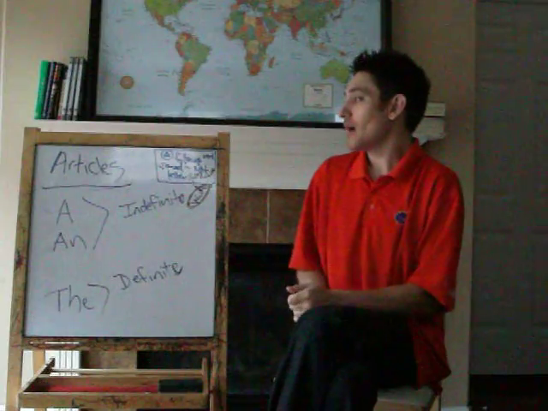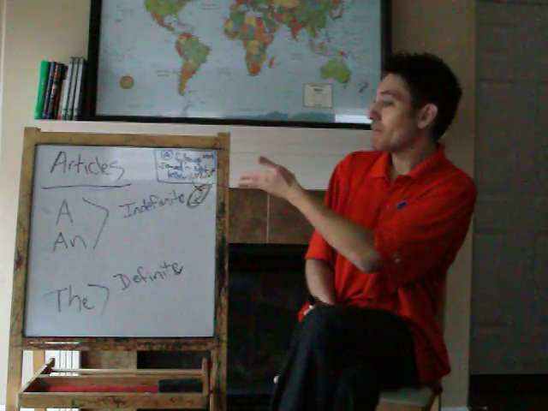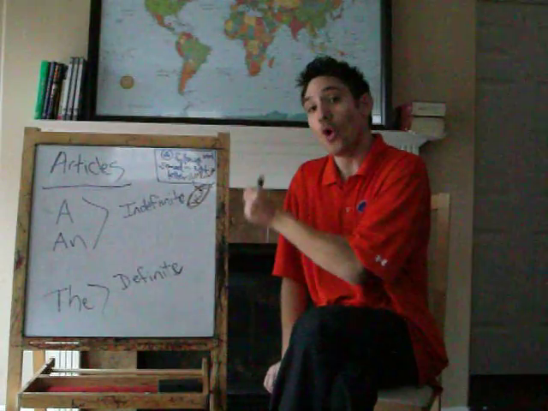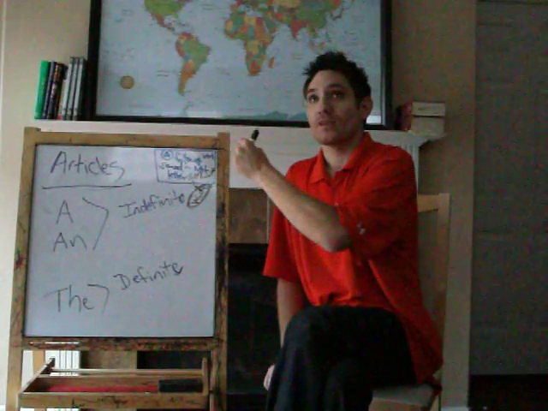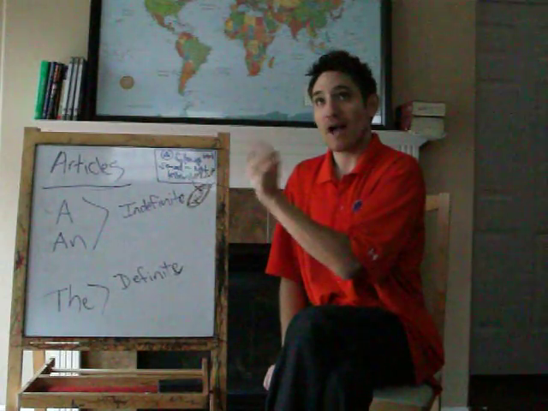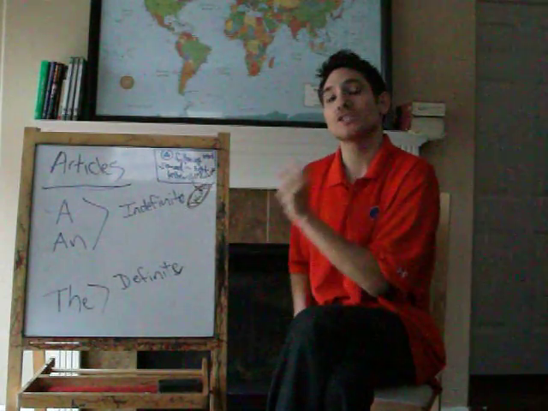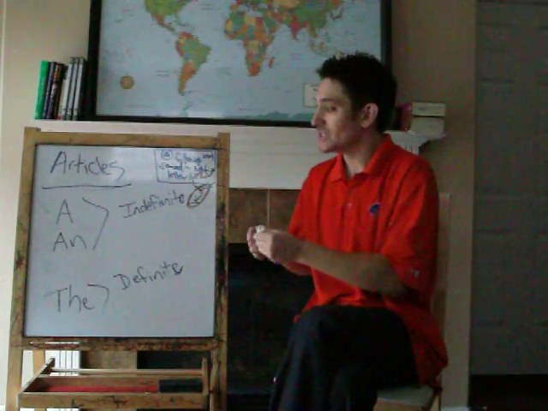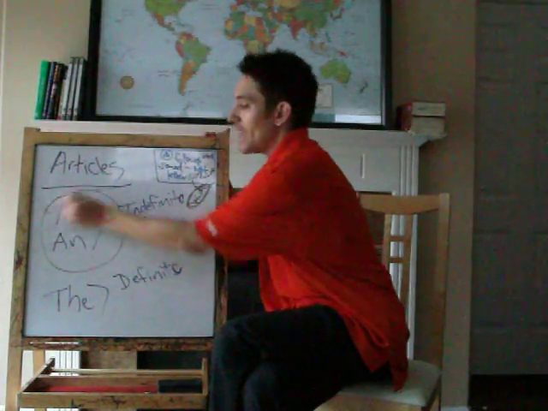Remember that, guys. Now, the last thing I want to mention about articles is that you don't want to look at the first letter of the word following the article. You want to look at the first sound of the next word. That makes you decide whether to use a or an.